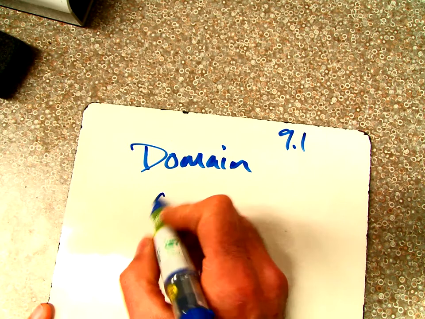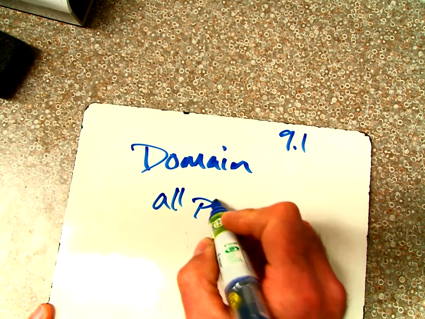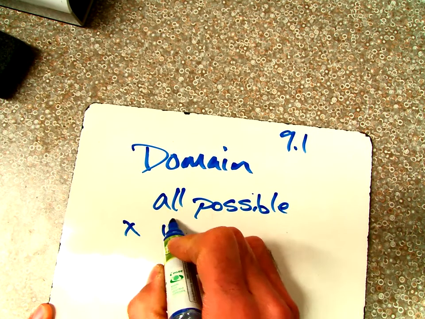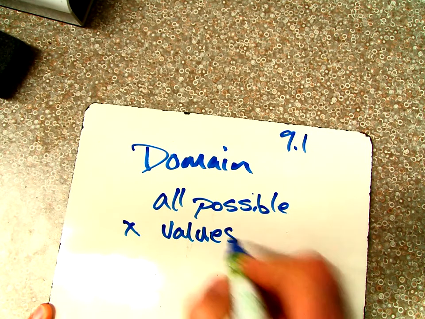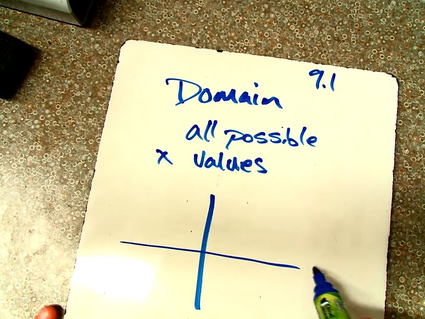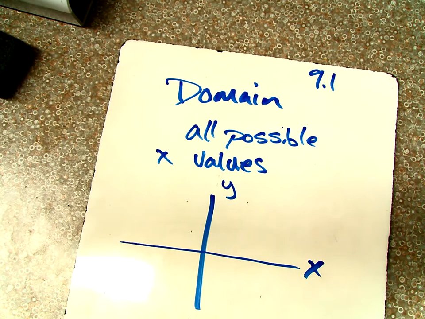Domain is all possible x values. So if you have a graph of a function, this is x and this is y. All possible x values is where the graph is side to side.